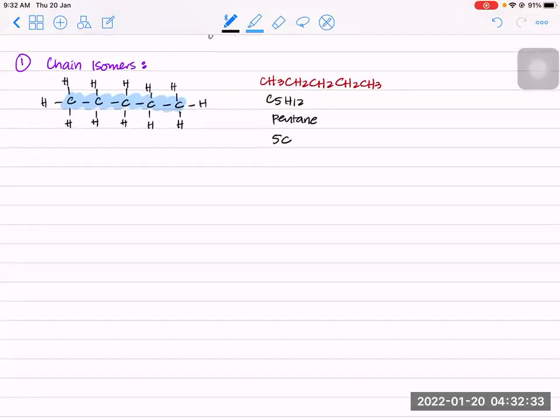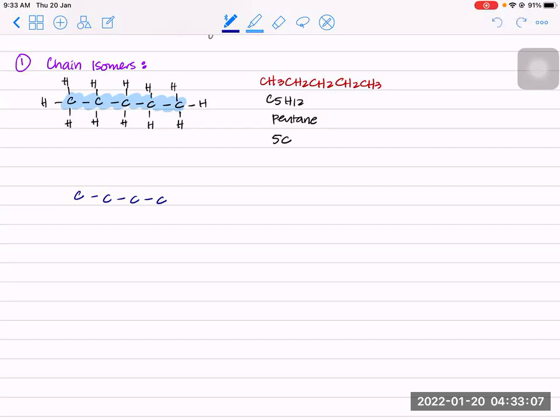Now let's shorten the chain and make the main chain of 4 carbons. Now the fifth carbon, do not put it on the first or the last carbon, the terminal carbons. You can put it in the middle of the molecule. So you can put it here.